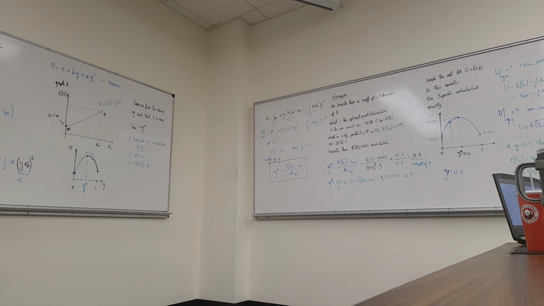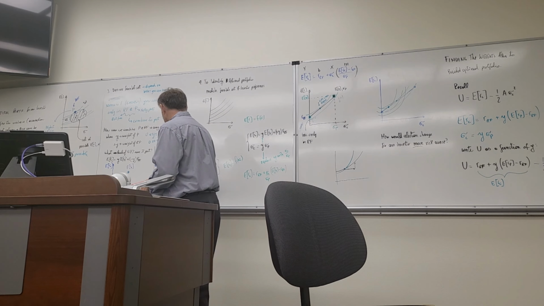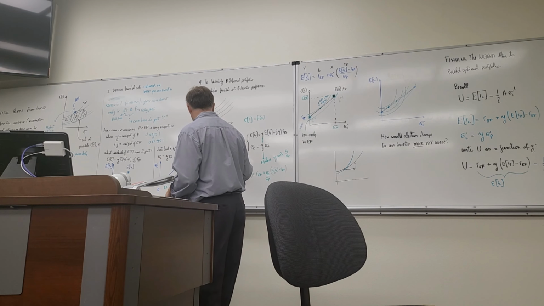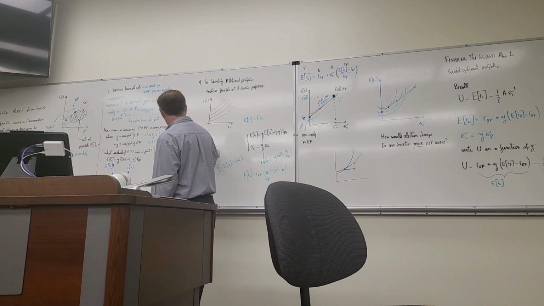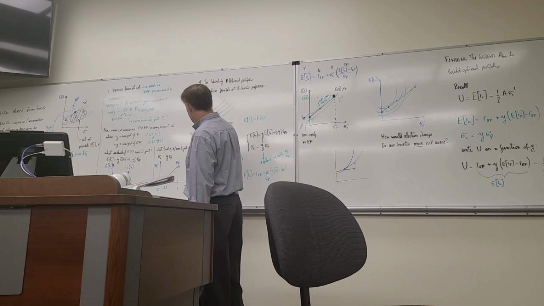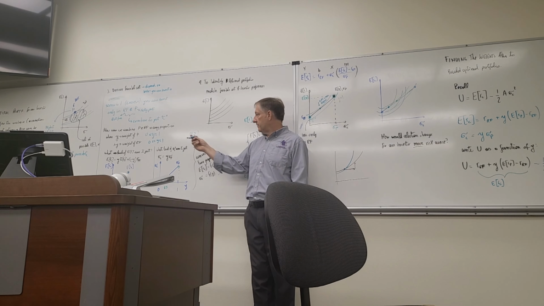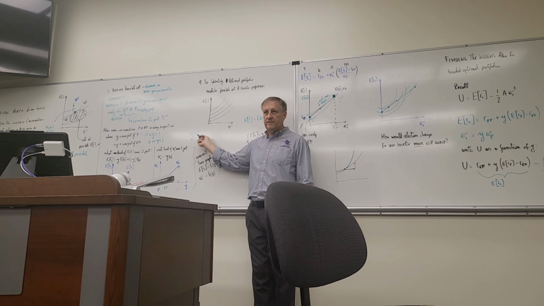Well, the fact that you can invest more than 100% of what you have in the risky asset implies that your Y can exceed 1 if you are shorting. But remember, the weights of the two assets have to add up to 1 all the time. So if this is bigger than 1, the other weight must be less than 1.